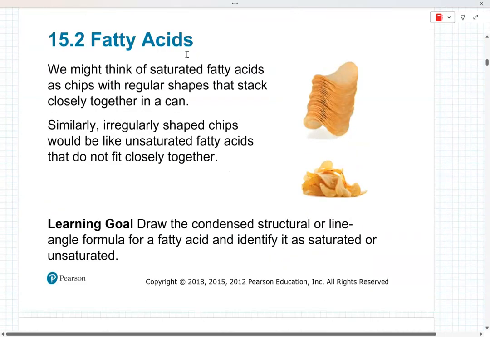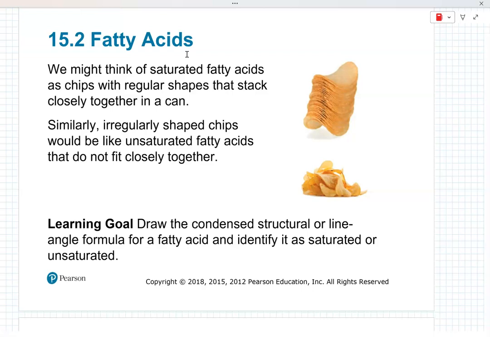So, two major categories of fatty acids are saturated and unsaturated. We've already encountered these terms when we were talking about hydrocarbons. Remember that? Alkanes, which are saturated because they only contain single bonds. And alkenes and alkynes, which contain double or triple bonds, respectively, and thus considered unsaturated.